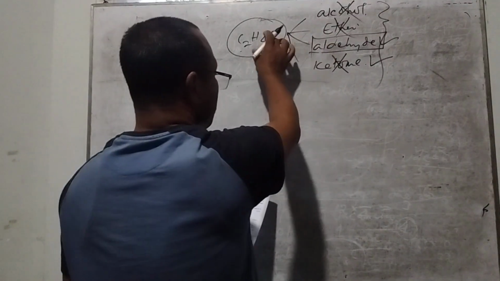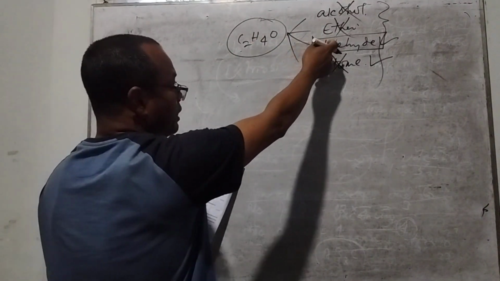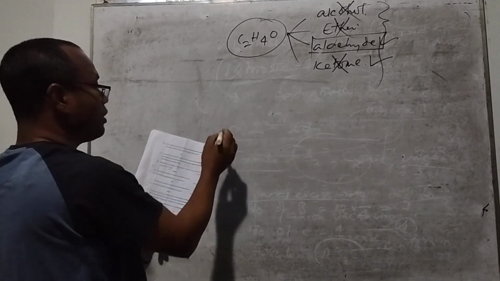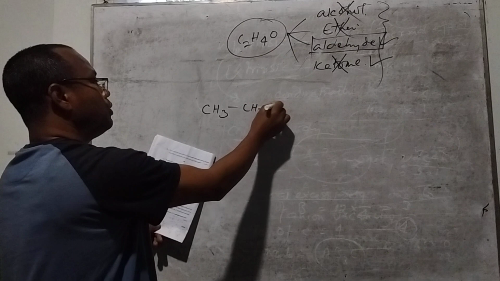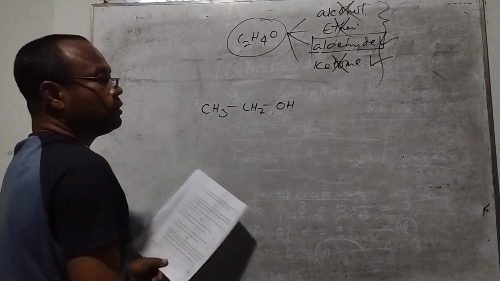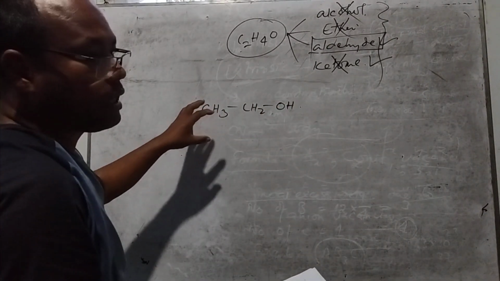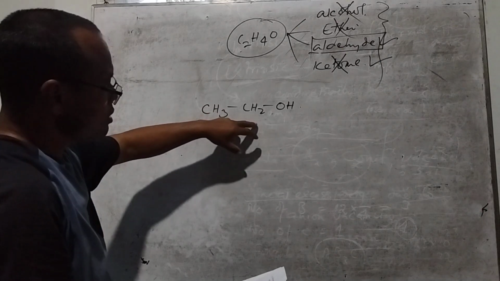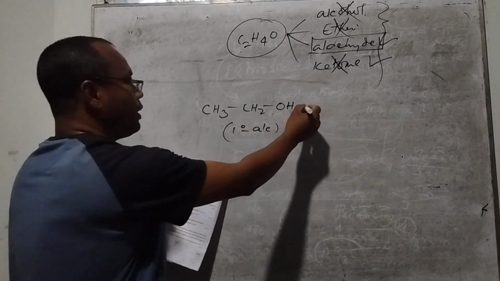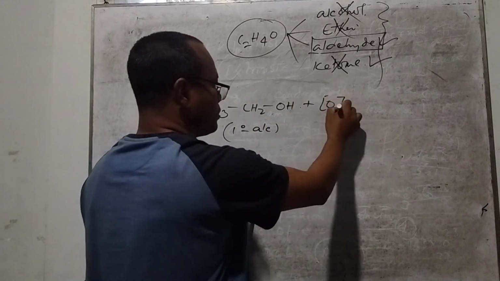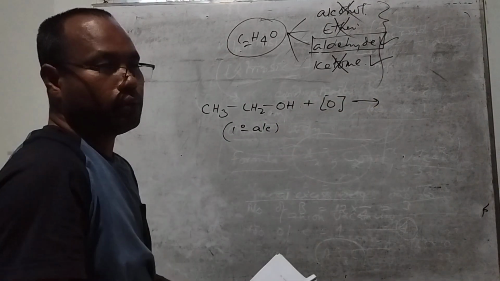So how is this compound formed? Let me start to write the aldehyde. Here is ethanol, CH3CH2OH.